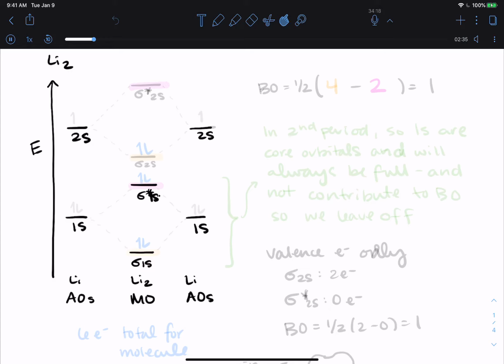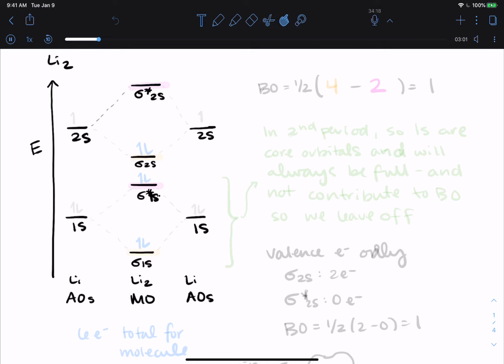And then my 2s, when I combine those with each other, they're going to do the exact same thing. So I'll get a bonding combination. It'll be a sigma 2s because I combined two 2s orbitals. And I'll get an anti-bonding combination, sigma star 2s. So you can see why it becomes important to put these connecting lines.